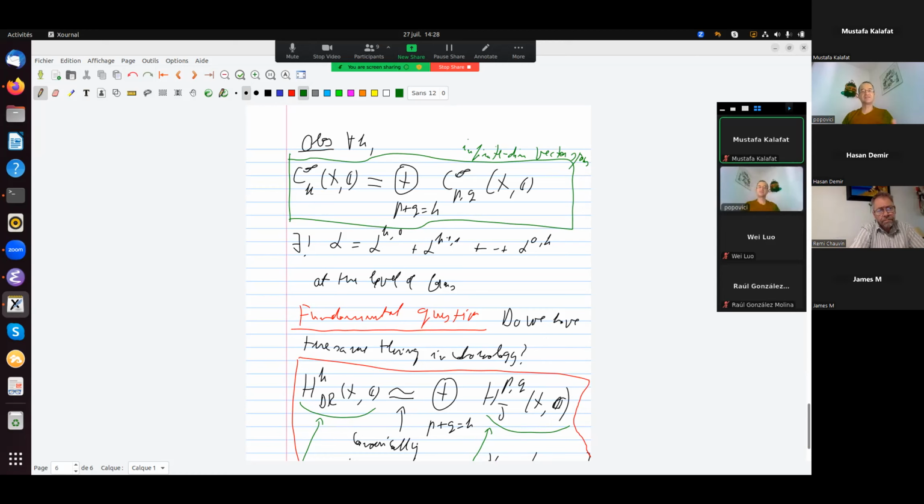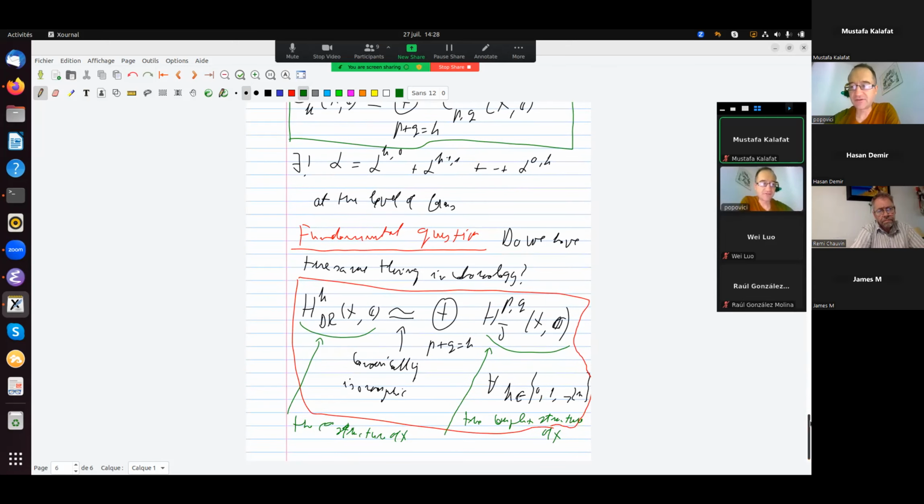So we don't get topological information on the manifold directly from the decomposition at the level of forms. But at the level of the cohomology, these spaces are finite dimensional. So we'd get important topological information from this if it happened. So let's call this star.